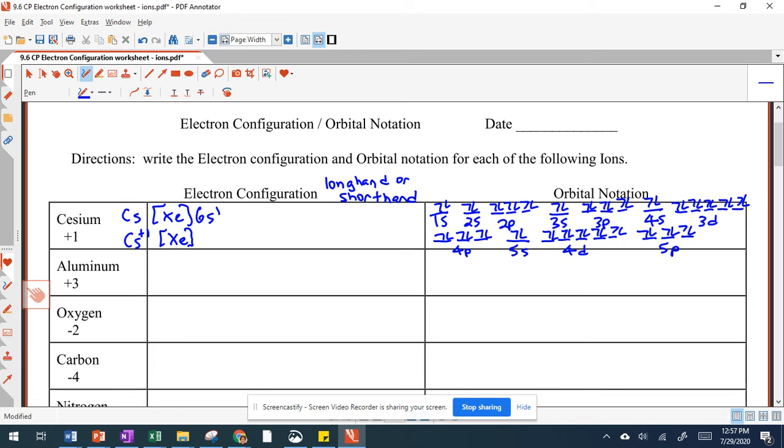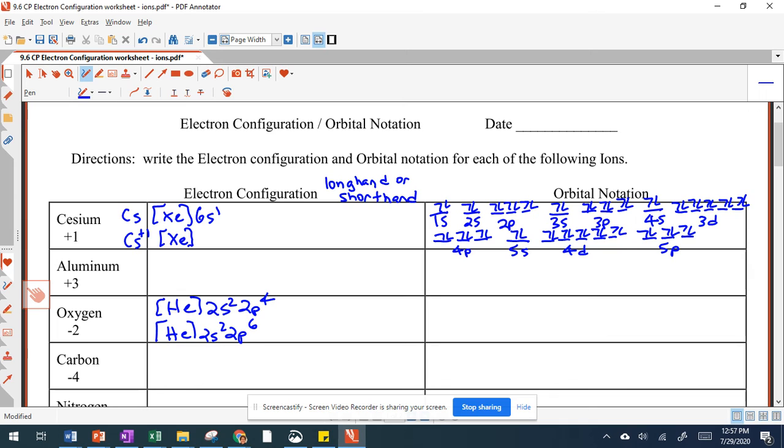So let's look at oxygen -2. Here, the shorthand configuration would be helium 2s2, 2p4. We add 2 electrons to that partially filled p sublevel. You will never have a situation where you have an anion where you have to create a whole new energy level, so you should never see that. So this is going to become helium, not xenon, 2s2, 2p6.